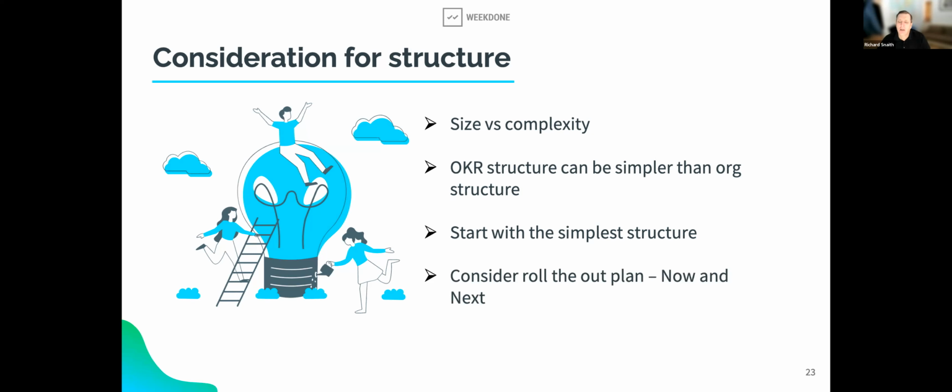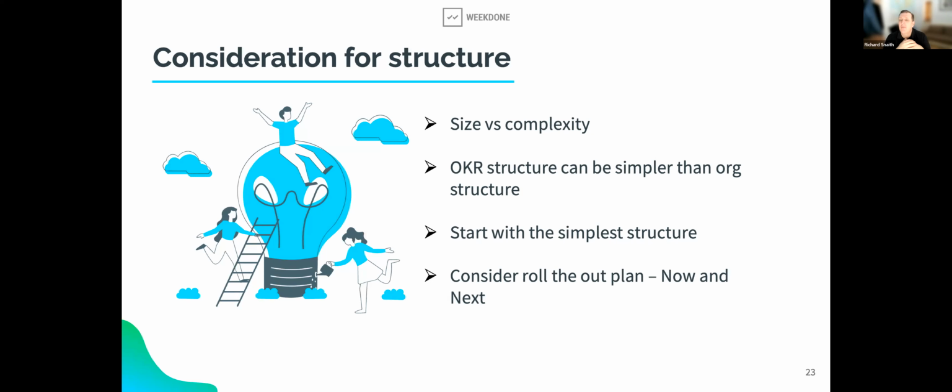The other thing you need to consider is the rollout plan. Often where you start with a structure to roll it out, maybe we're simply rolling out to a certain subgroup in the company, and where we're going next with the rollout might make you change the way you start. In the example I said earlier, we talked about a startup, and maybe we've got 6, 7 people in the startup, but we're growing fast.